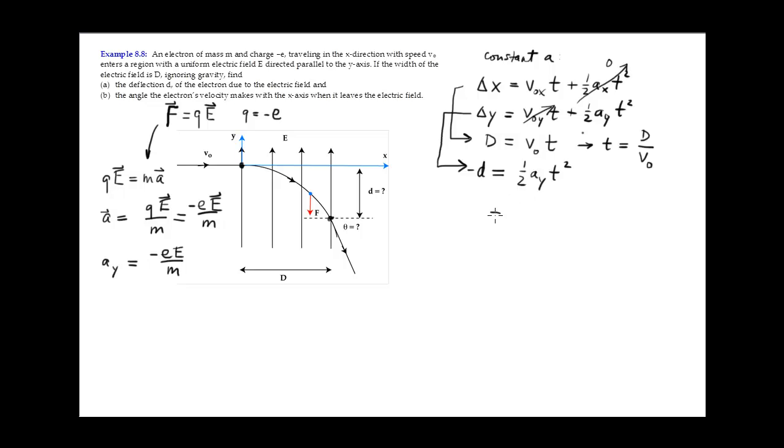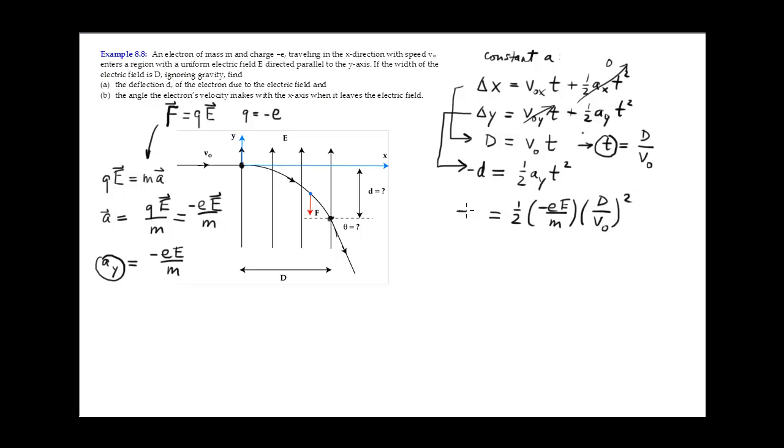So that's what we will plug in to this expression for a sub y. Then we'll also plug in the t that we got from the expression for the displacement in the x direction. So this becomes 1/2 times negative e E over m times big D over v0 squared.